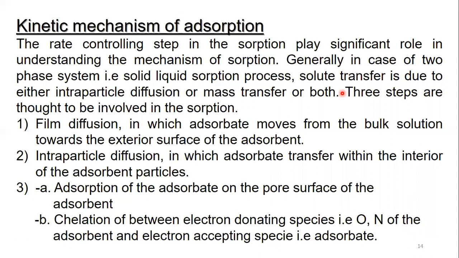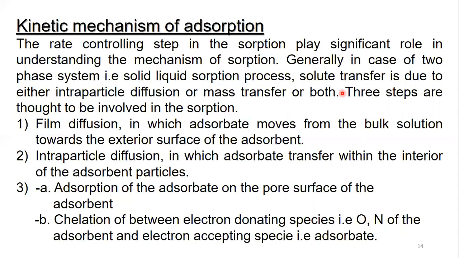It's just the adsorbate moving from the bulk solution toward the exterior surface of the adsorbent. What is meant by the bulk solution? At the interface of our adsorbent material, the adsorbate comes in contact and attaches on that material. It is coming from the bulk solution, where its concentration is very high and it is completely surrounded by its similar particles, not by anything else. So this is called film diffusion.